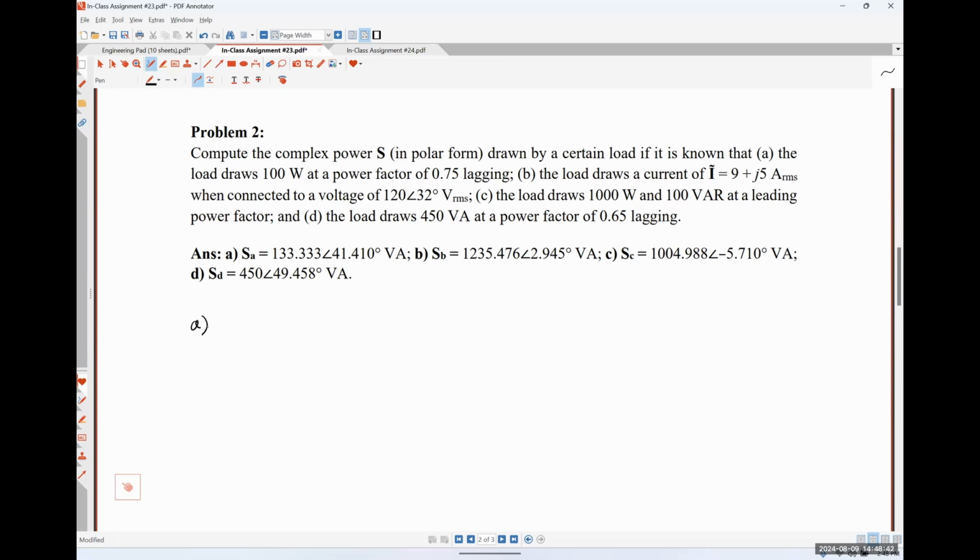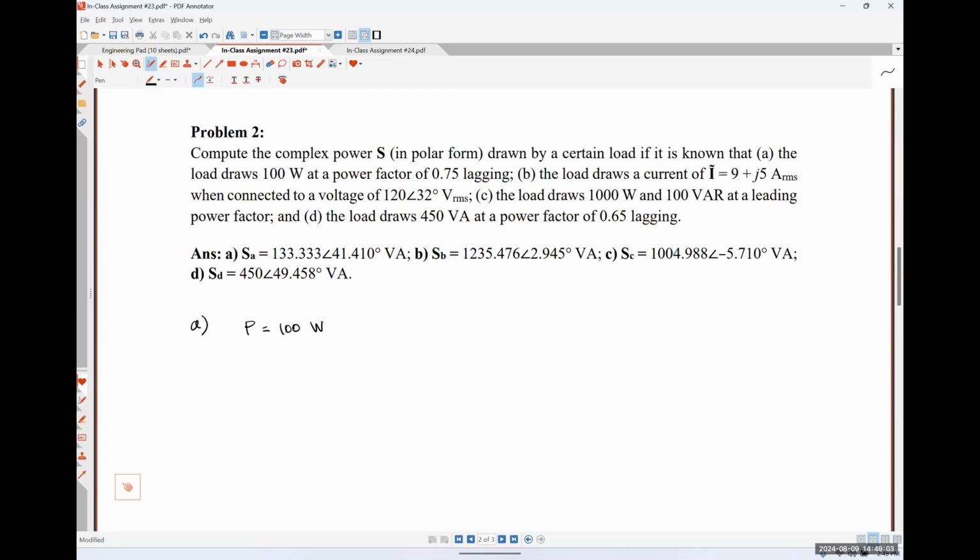If I tell you that a load draws 100 watts, what part of the complex power did I just give you? The real part? The real part, exactly right. So we could say that P, our average power, is 100 watts.